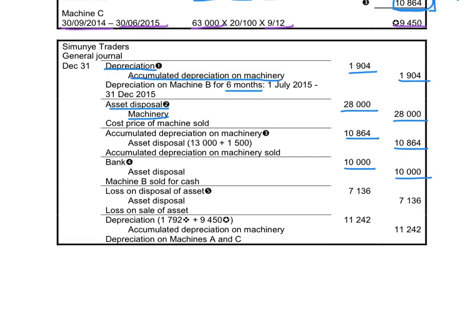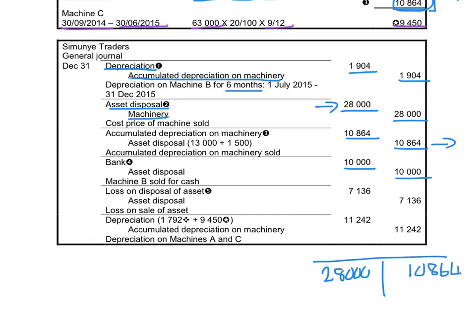And then we will balance our asset disposal account to determine what is the difference between the debit side and the credit side. So if I look at my asset disposal account, I have 28,000 on the debit side. That was the cost price. On the credit side, I have 10,864.